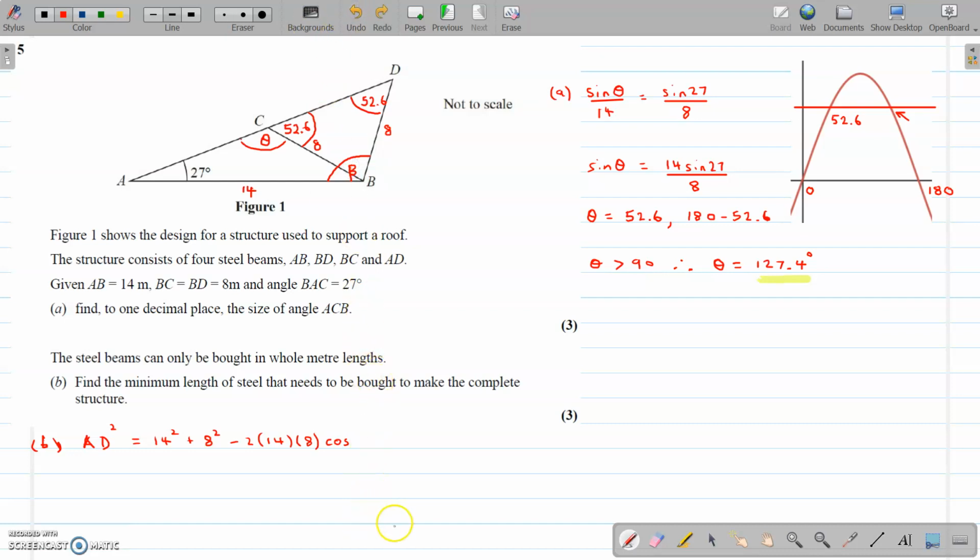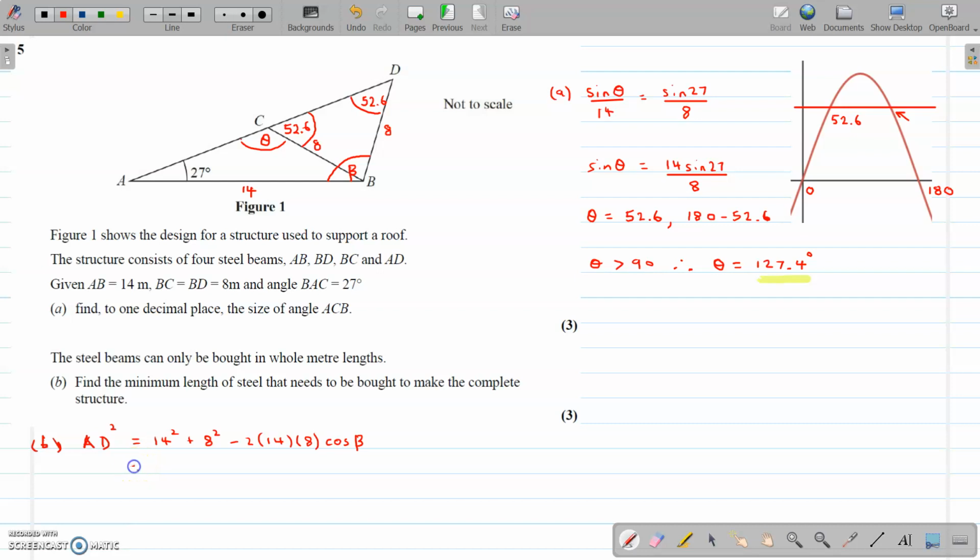So I'm just going to put here cos beta, and the cos of beta is 180 minus 27 minus 52.6.